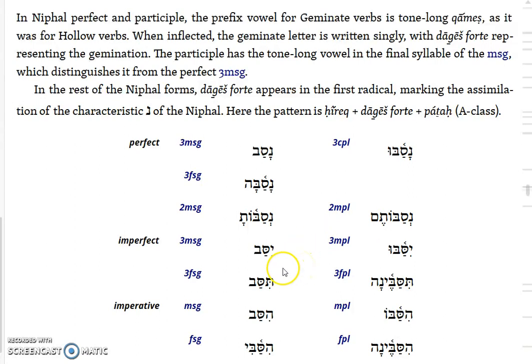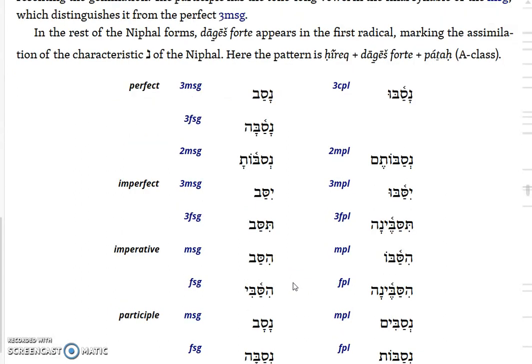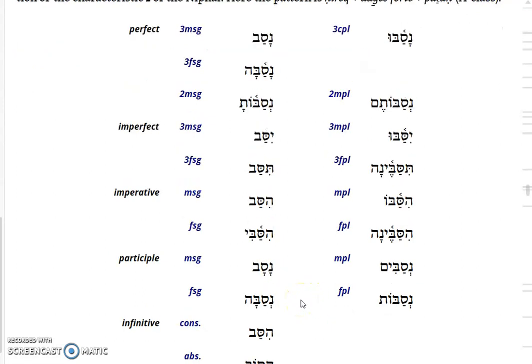In the imperfect, the nun assimilates, but you don't get the kamats that you're used to in the geminate nifal imperfects. But the dagesh in the samekh is an indication that this is, in fact, a nifal type form. The imperative with the hey, you also get the doubling, the assimilation of the nun.